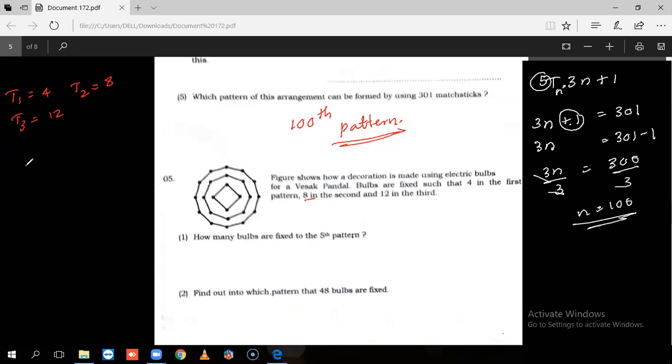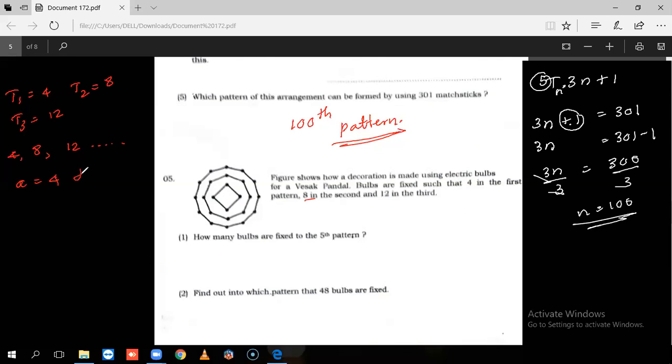How many bulbs are in the fifth pattern? So we have to find the general term first, like a normal sum. They have given the diagram like this. First one there are 4, second term 8, third term 12. So we are going to find the general term. Then only we can find this one. First term here equals 4.